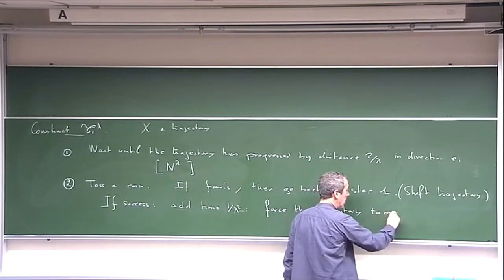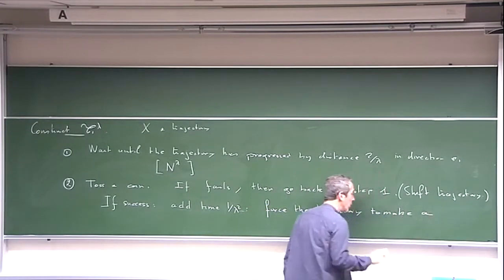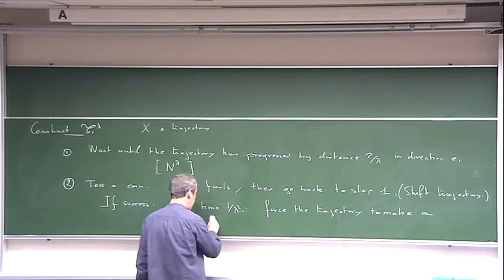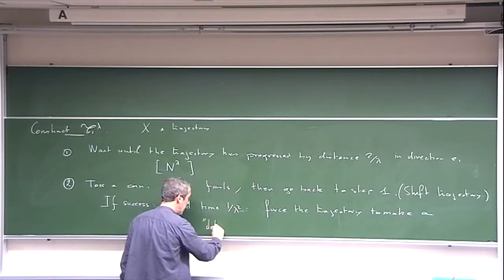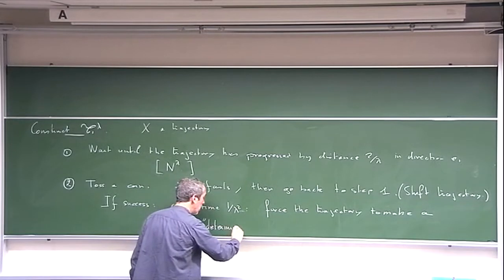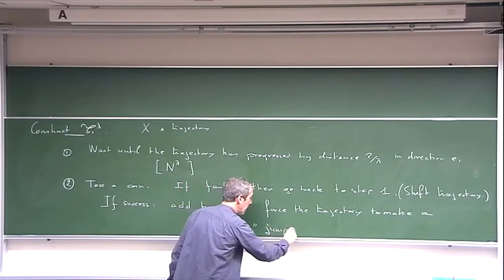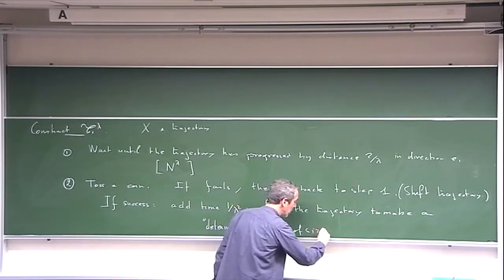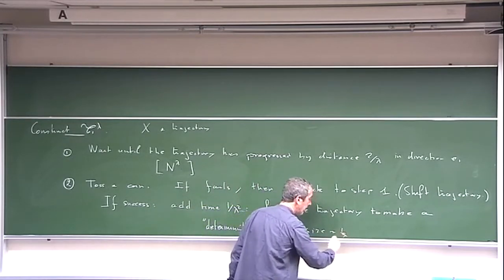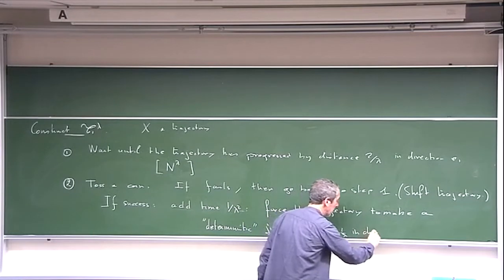I call it deterministic. It's not completely deterministic, I will explain. A deterministic jump of size which is almost 1 over lambda, in the direction E1.